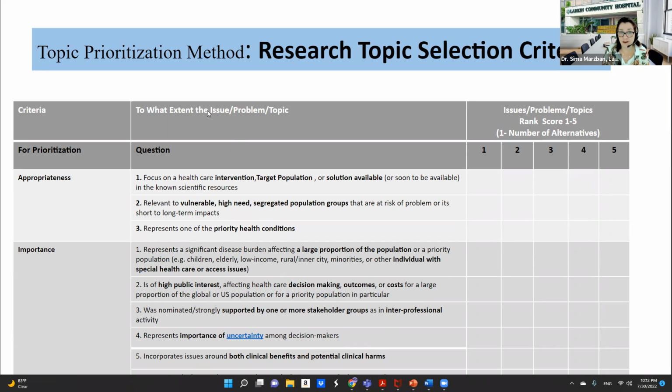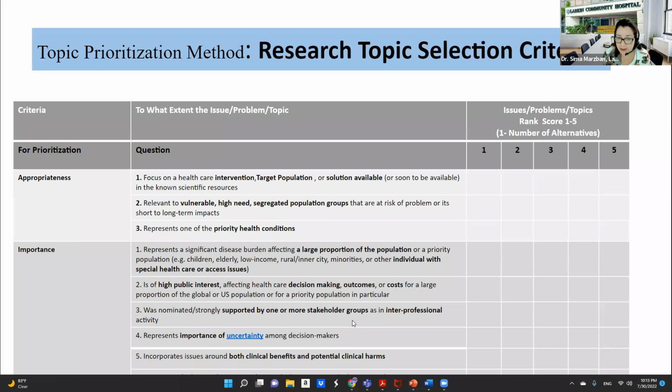If the solution or topic or problem affects the cost of treatment for a large proportion of the global or US population, evaluate it with 5. If it is about a rare medical condition, a condition that affects a very limited number of people, evaluate 1.